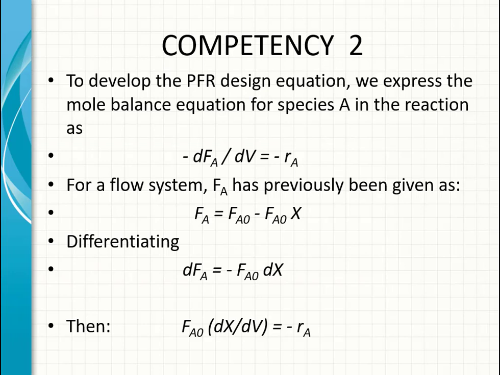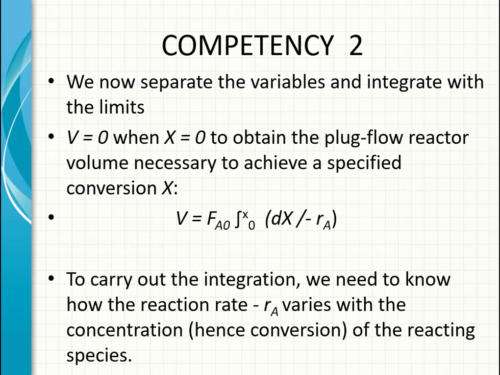So if we differentiate this expression, we will have that dFa is equal to minus Fa0 times dx, because remember that Fa0 is a constant and the derivative of a constant is 0. Then we have Fa0 times dx divided by dV is equal to -ra.